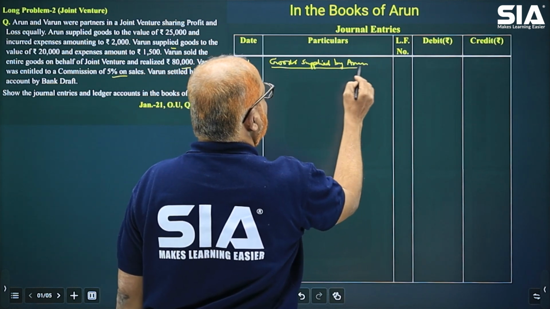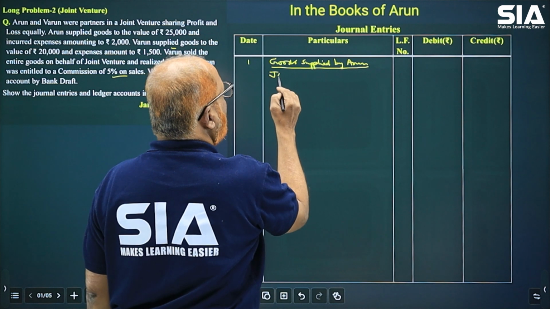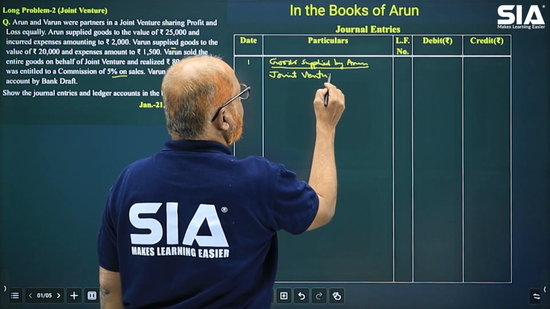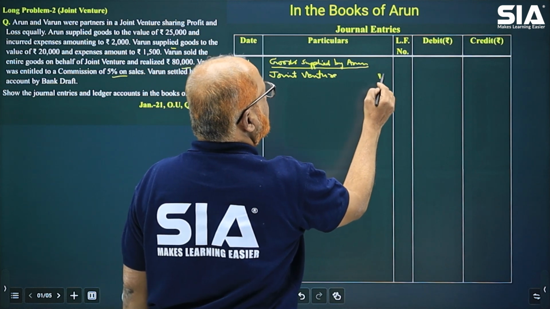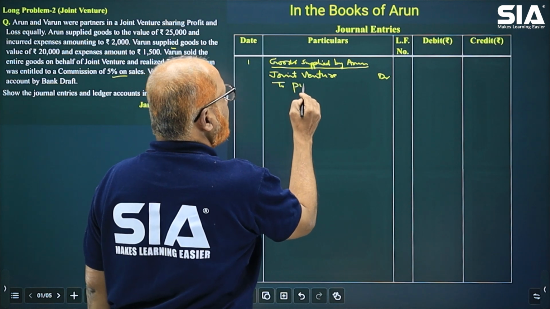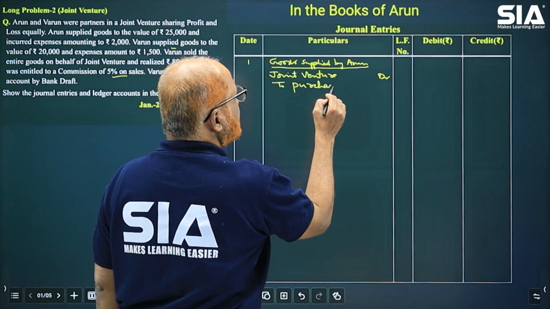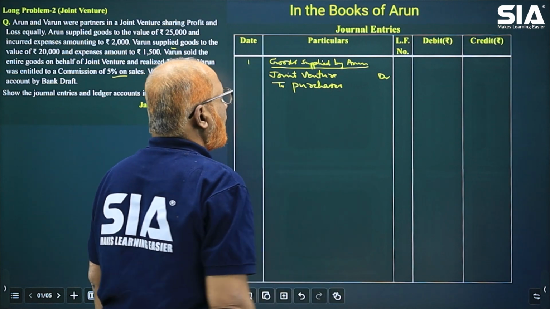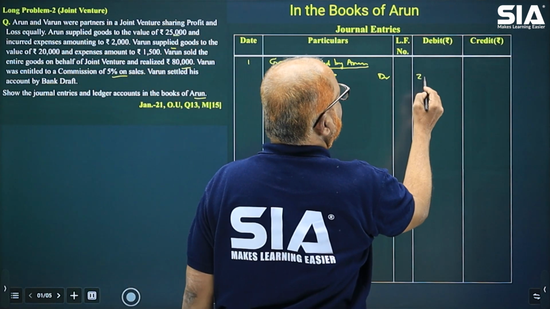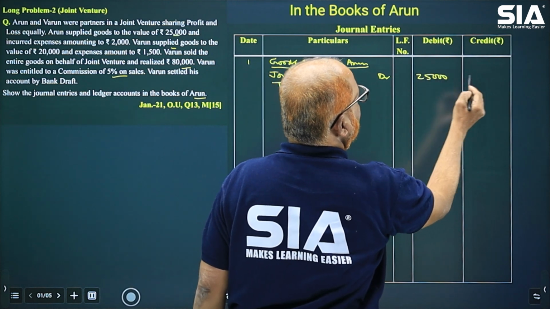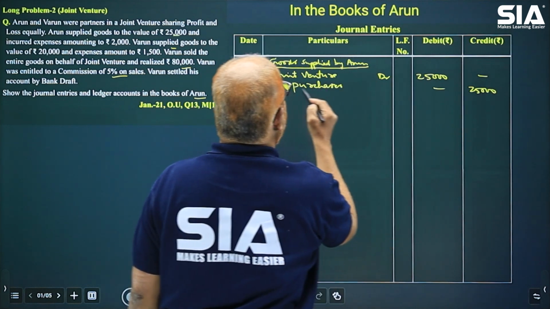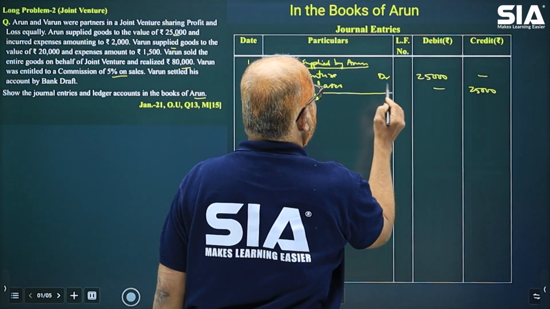Joint venture account debit to purchases or trading account. How much worth of goods? 25,000 worth of goods are supplied. That's it, being the goods supplied by Arun.